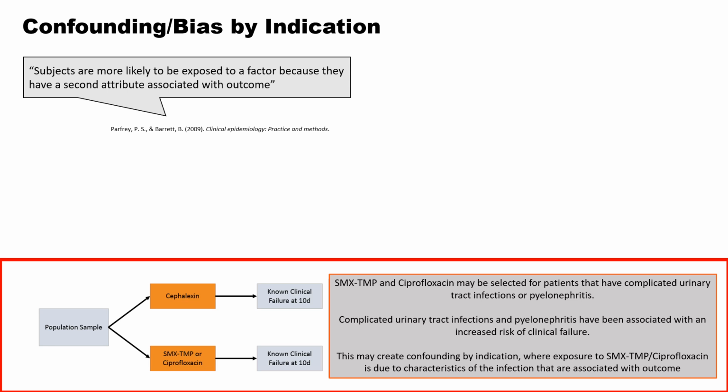Additionally, complicated urinary tract infections and pyelonephritis have been associated with an increased risk of clinical failure. And so this can actually create confounding by indication where exposure to Bactrim and ciprofloxacin is really due to characteristics of the infection that are associated with the outcome rather than an arbitrary choice between the two.